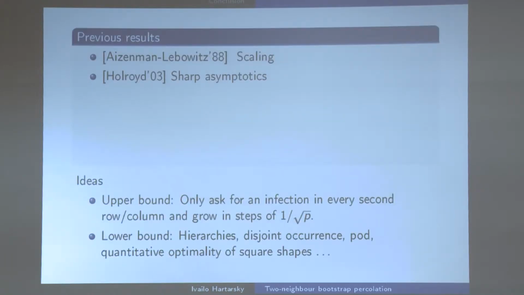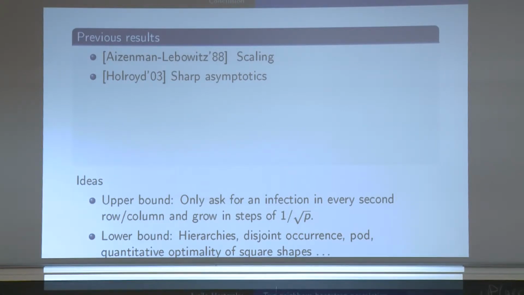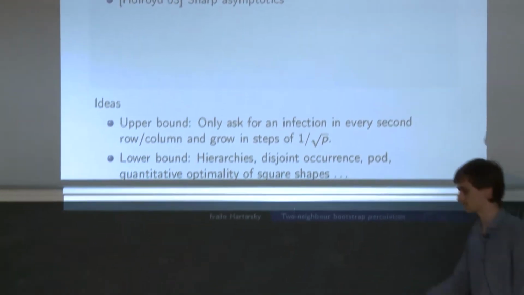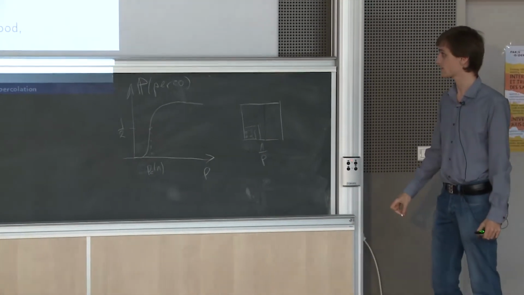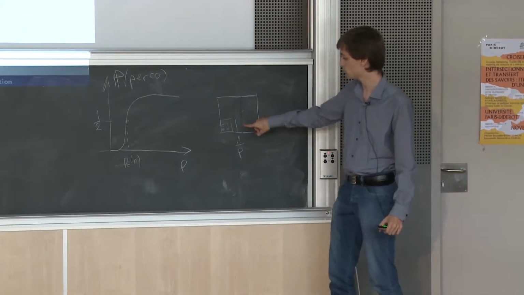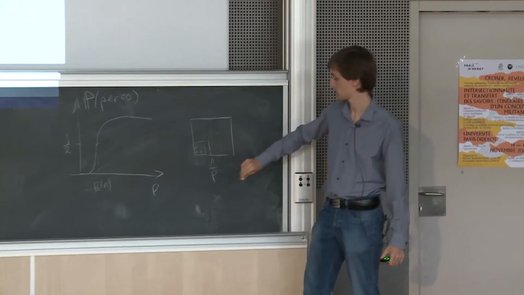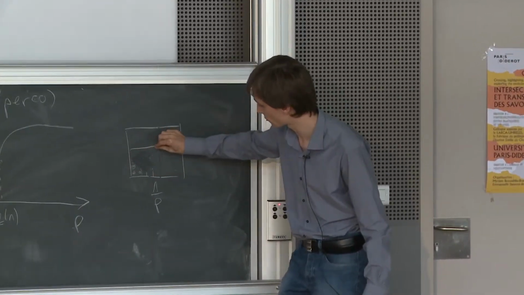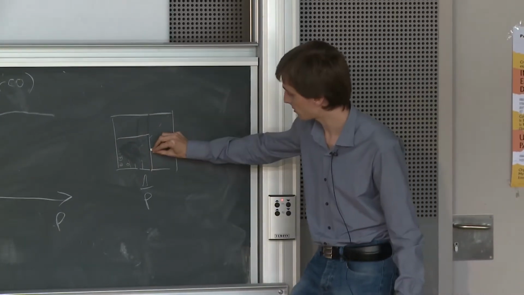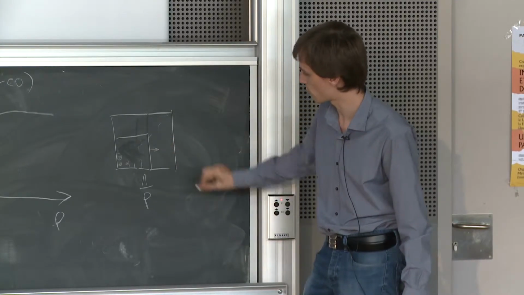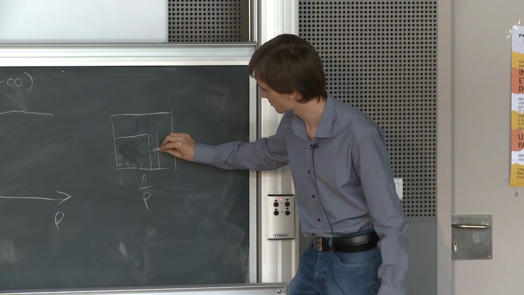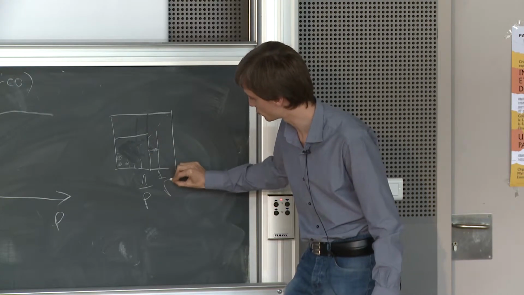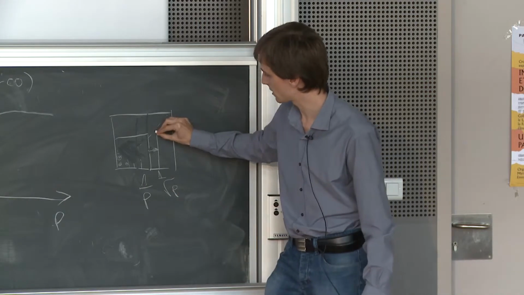I'll tell you a tiny bit about it. The upper bound is easy. In general, upper bounds on this are easy because it's just a construction. So what changes with respect to what I have here is that you don't grow one line at a time. If you imagine that you've already grown up to here, you'll ask for this thing to grow up to here with a distance which is 1 over root p, and then you'll switch sides.